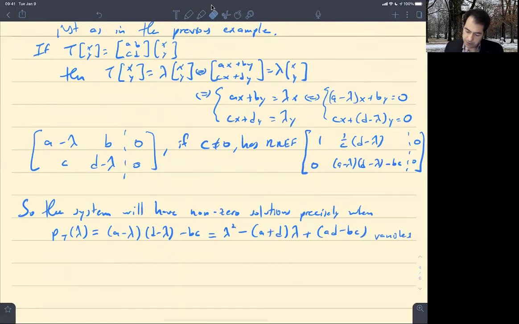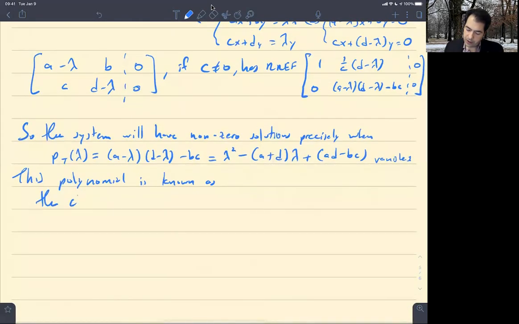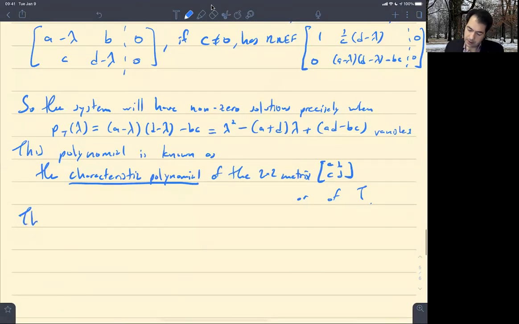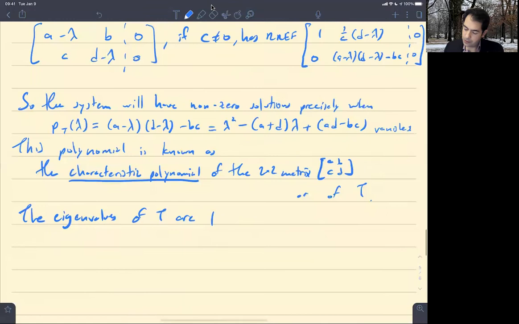Okay, so this polynomial is known as the characteristic polynomial of the 2 by 2 matrix a, b, c, d, or of the linear map T. The eigenvalues of T are the roots of the characteristic polynomial.